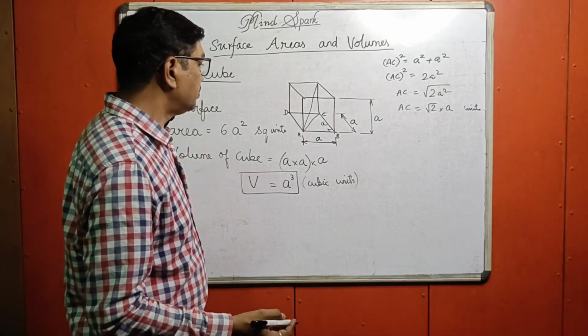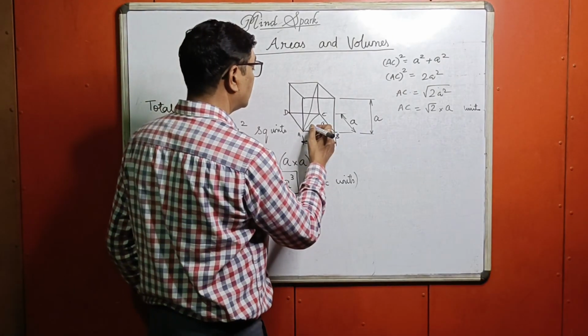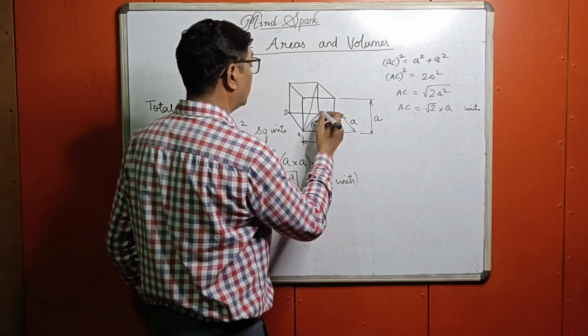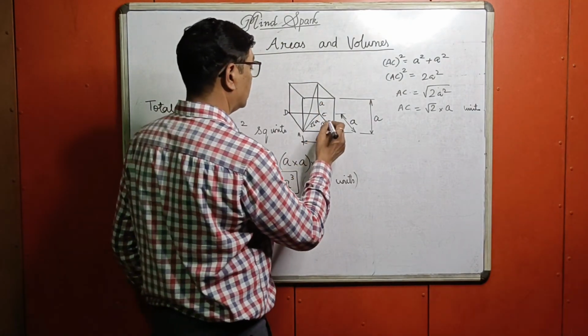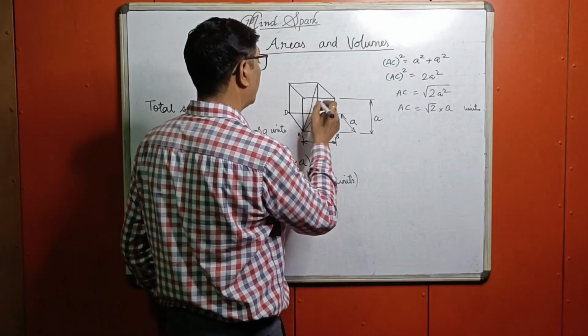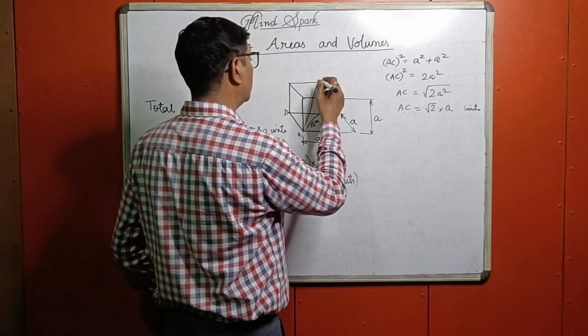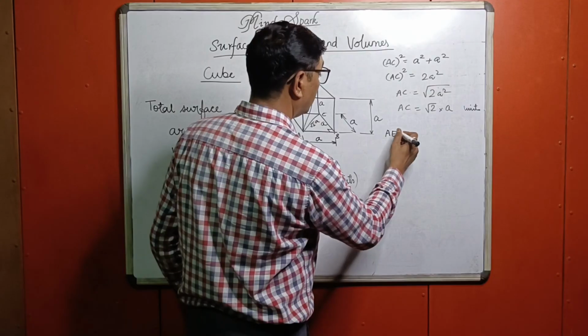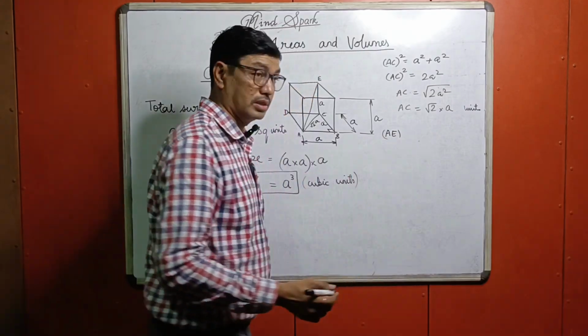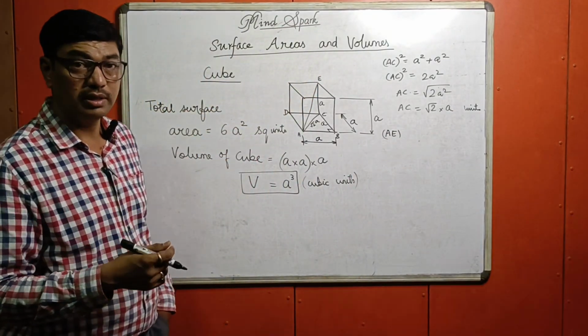Then comes here, this is root 2 A, and this is A. You can name it as A, B, C, D, and this you can name as E. Again, if you want to find AE, that is the longest distance, the diagonal of the cube.